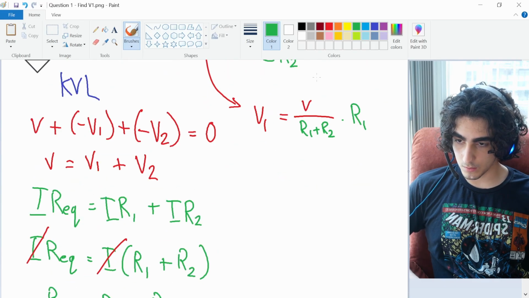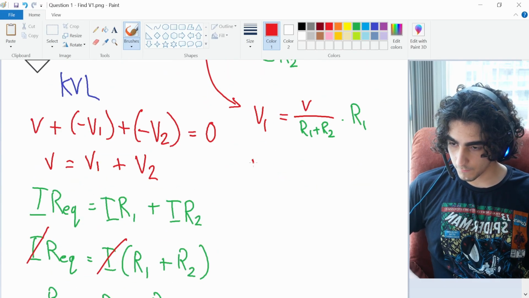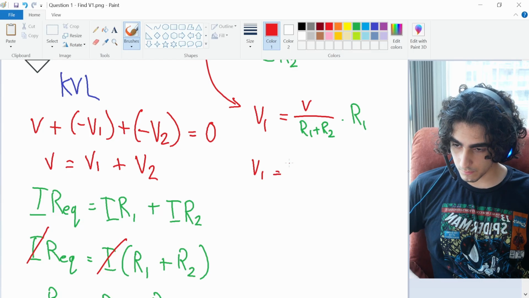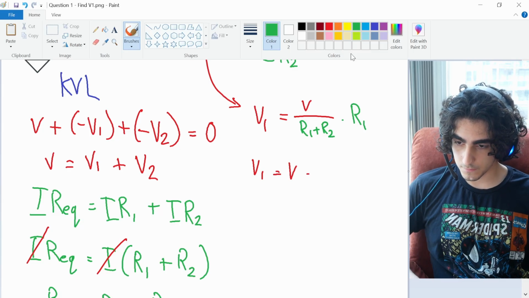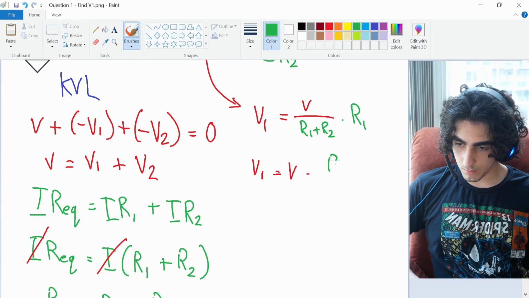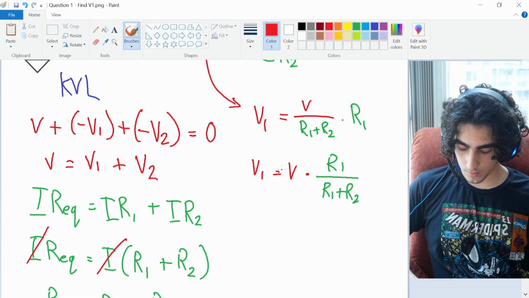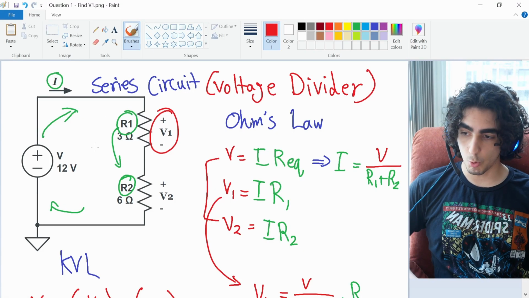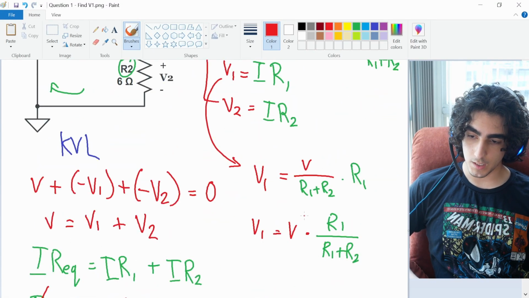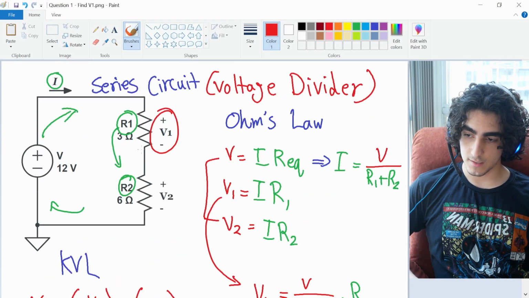Now, if we make this look a little bit prettier, V1 is equal to V times R1 over R1 plus R2. And now we have these values in the original circuit that we can plug in and find what the answer to V1 is.